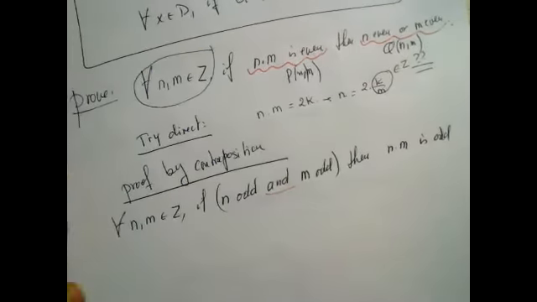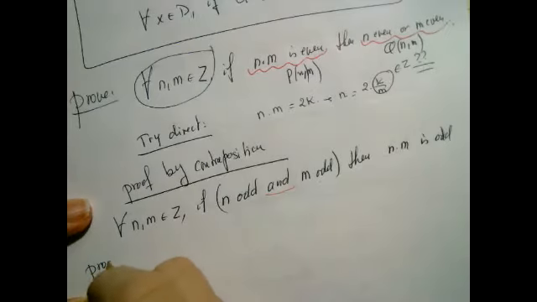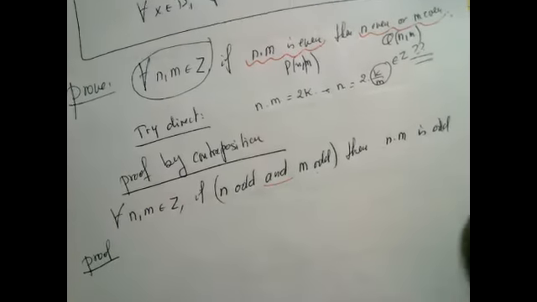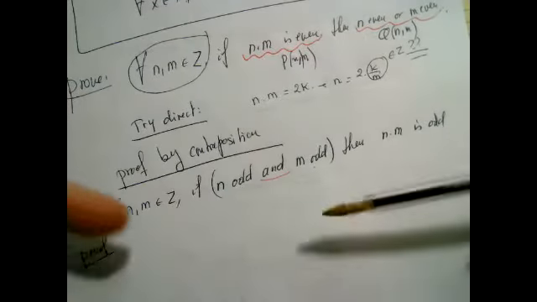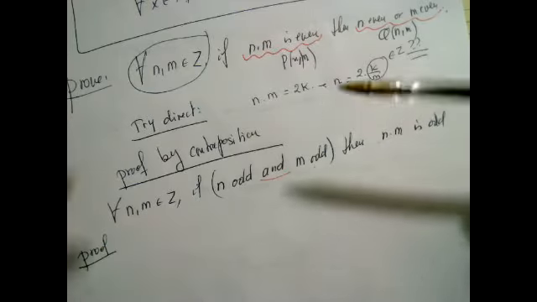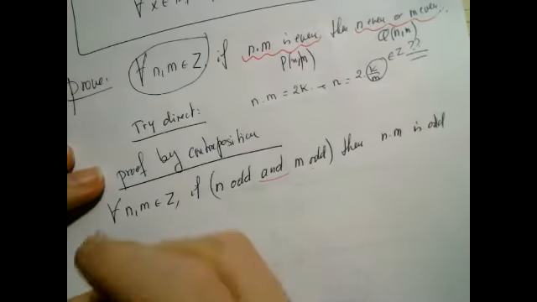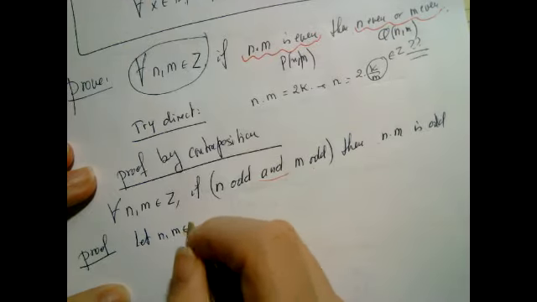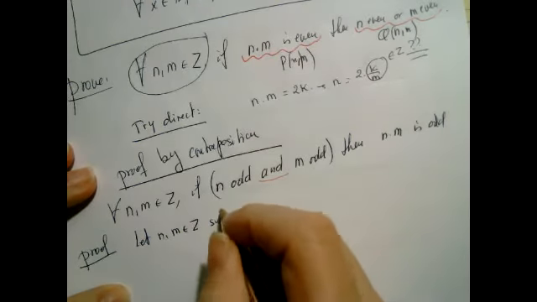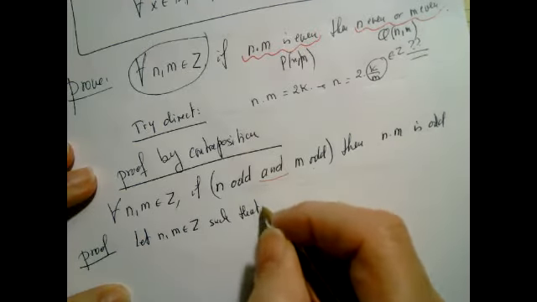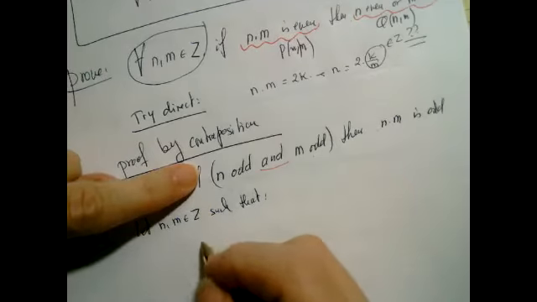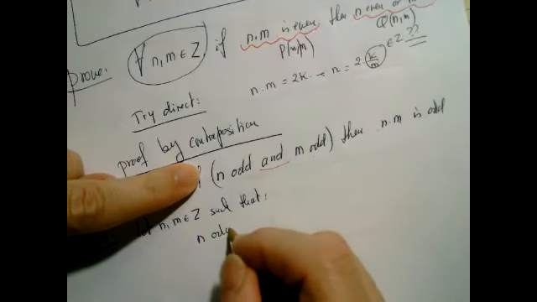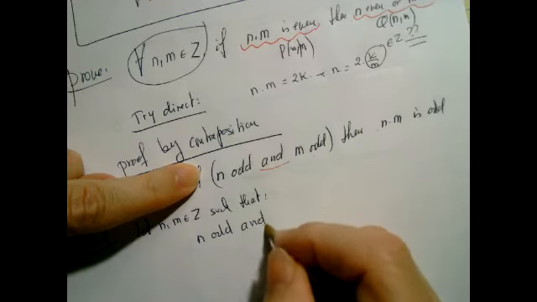The proof is very easy. So let's prove now. Now it's a direct proof. It means we prove the proof by contraposition in a direct way. So we pick two elements in the domain, but not any two elements, such that they satisfy my new hypothesis, such that n odd and m odd.